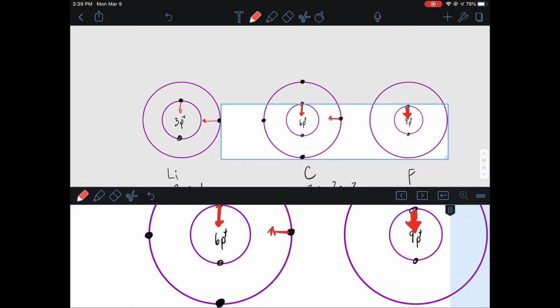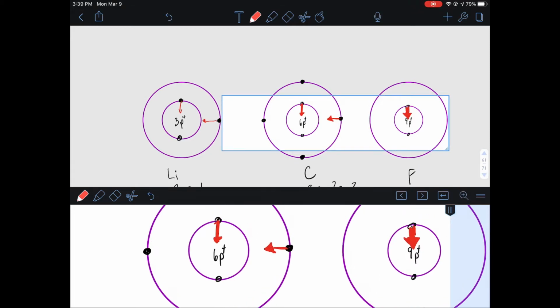So maybe I have to draw that again. But these ones are going to now be attracted to the center core here. So this force is proportional to the 6 protons over n equals 1 squared.